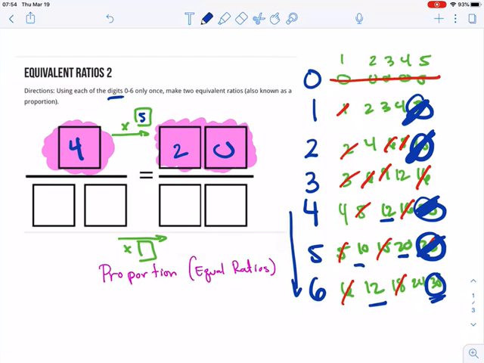Well, if I multiplied by 5, something times 5 will get me 30, but I can't use 30 either, so that doesn't work.